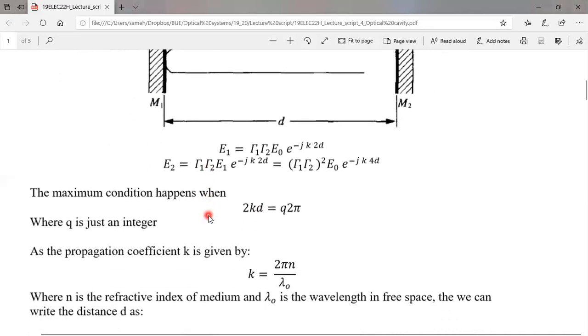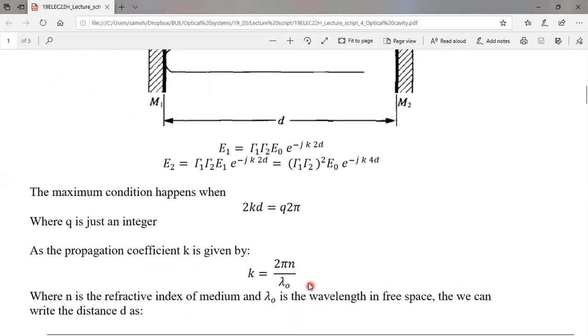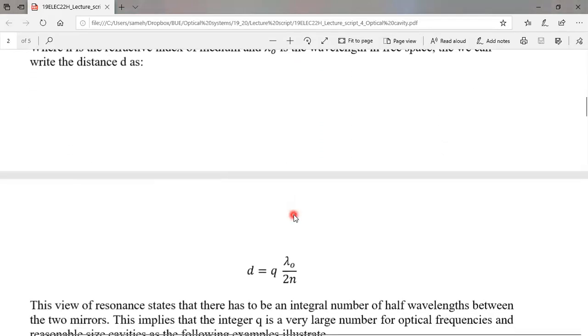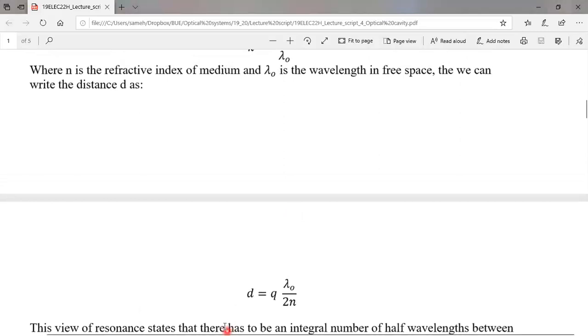So simply, when I substitute the term k equals 2 pi n over lambda naught here, I can get d on one side and all other terms on the other side, and then I can reach this equation, which represents that d should be equal to q, where q again is an integer, times lambda naught over 2 pi.